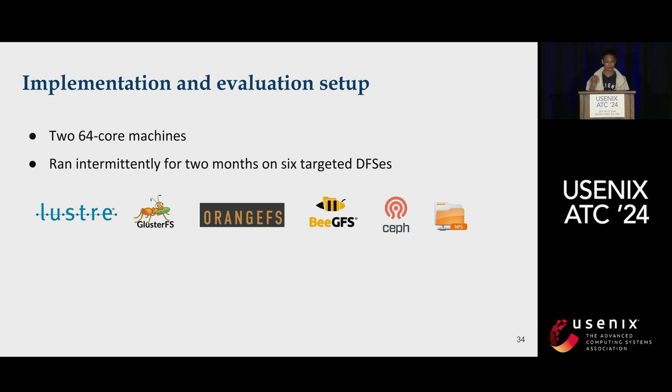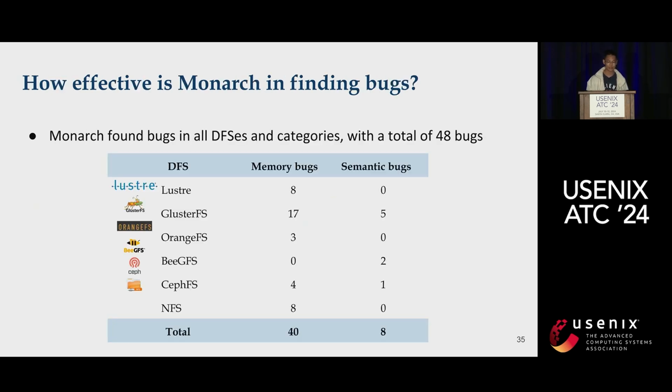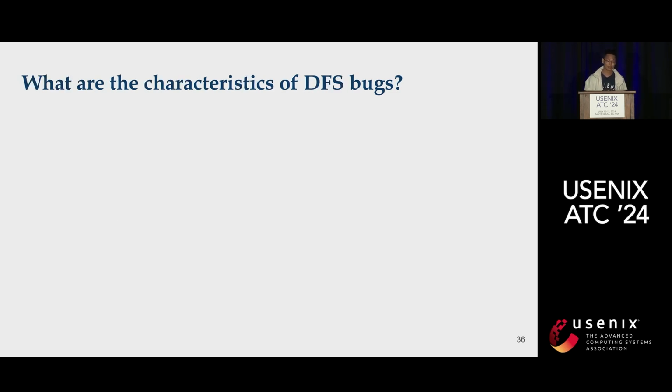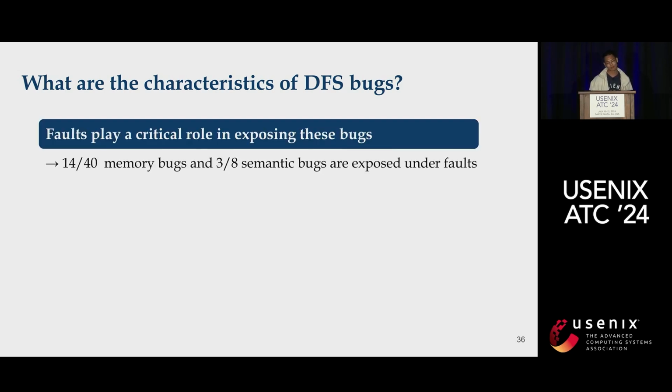Let's test it to see if it's really effective. We ran Monarch on 6 popular distributed file systems, and finally we found 48 bugs across all the file systems, including 40 memory bugs and 8 semantic bugs. Further, we analyzed the characteristics of distributed file systems, and we found faults play a critical role in exposing these bugs. For example, 14 out of 40 memory bugs and 3 out of 8 semantic bugs were exposed by faults.